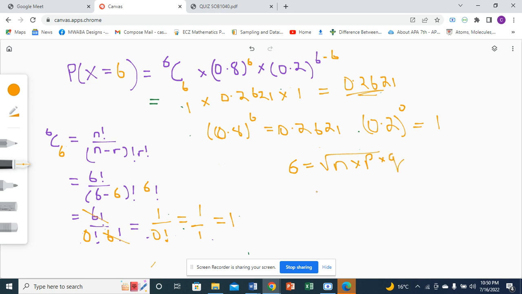In other books, you see it like this: the square root of n times p, open brackets, 1 minus p. Same thing, right? Remember, q equals 1 minus p, so do not panic. If you see in other books, it's written like this: 1 minus p.